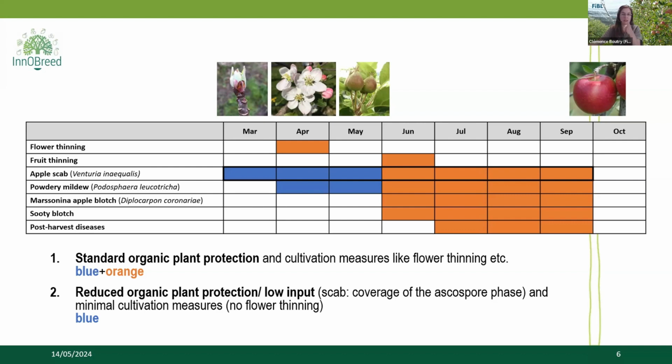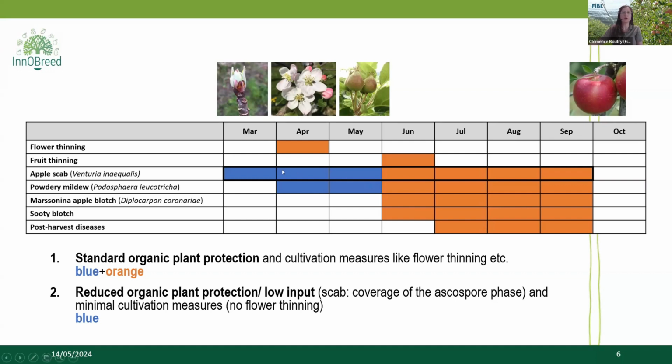So that's why you can see it stops there before the harvest. And from June on, which corresponds to the secondary phase of the scab, we don't do any treatments anymore in the low input. So we only cover the primary phase, also called the ascospore phase of the scab.